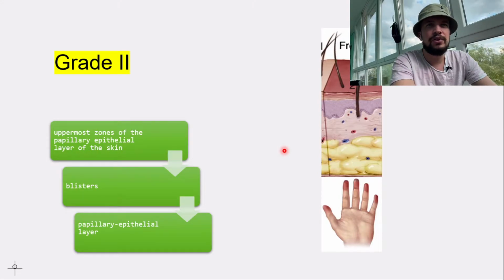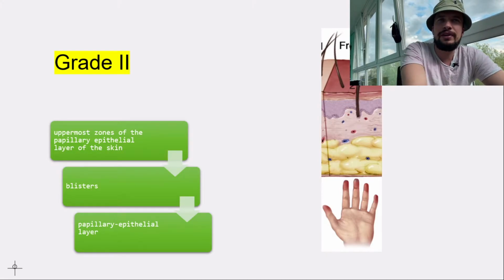Grade 2. The body of necrosis occurs in the corneal, granular, or in the uppermost zones of the papillary epithelial layer of the skin, usually during the first 2-3 days after the injury, and sometimes even earlier.